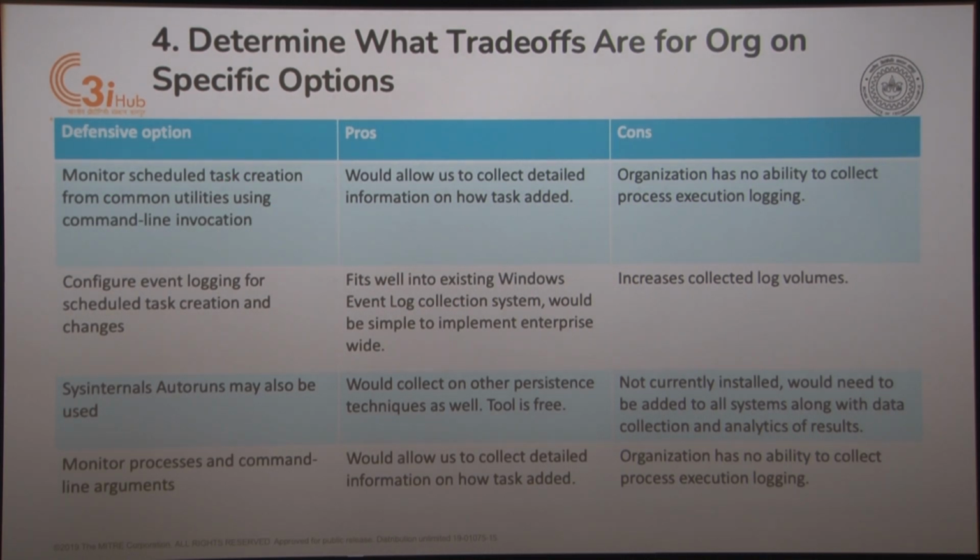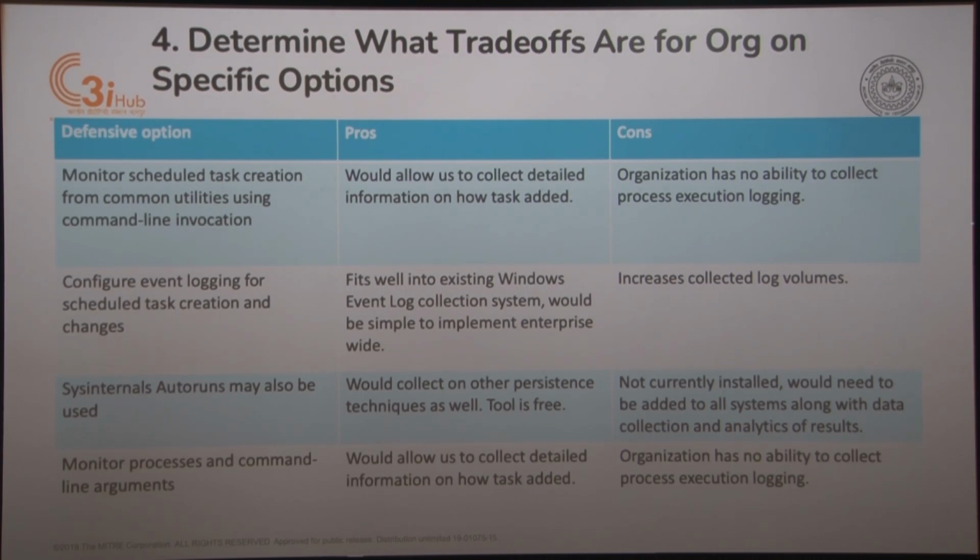I will go a little bit quickly with these things because we already did this for user execution. So, we gave a defensive recommendation of monitoring scheduled task creation by common utilities, which we saw in the detection section, which would allow us to collect detailed information about the task, how it is being added, but the organization has no ability to collect process execution logging.